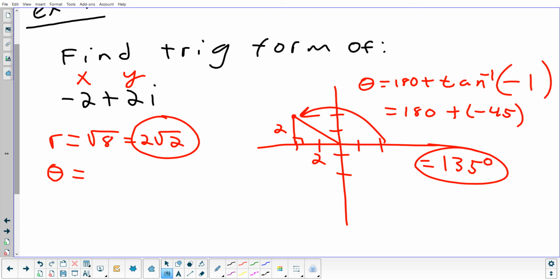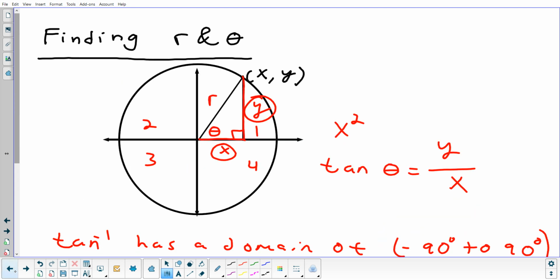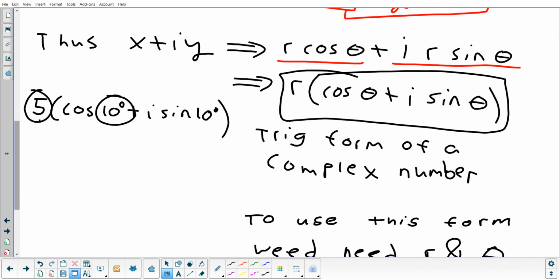There's your radius. Now the final answer has to be written in that form I showed you earlier when we factored out the r. Just change this r to 2 root 2 and change theta to 135.